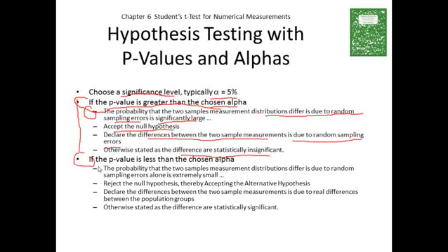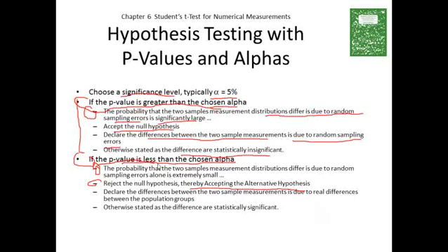What if it's less than? If the p-value is less than the chosen alpha, we go a different route. Because that's saying that the probability that the two sample measurement distributions differ due to random sampling errors alone is extremely small. So the chance that we found differences due to randomness in the world is very, very remote, so remote that I'm going to reject the null hypothesis, thereby accepting the alternative hypothesis.